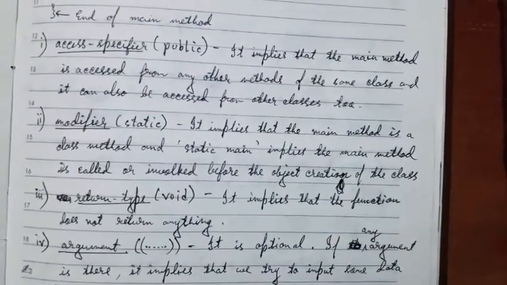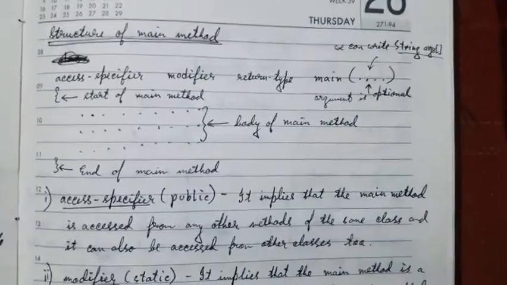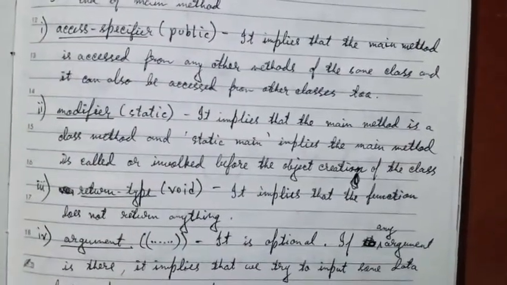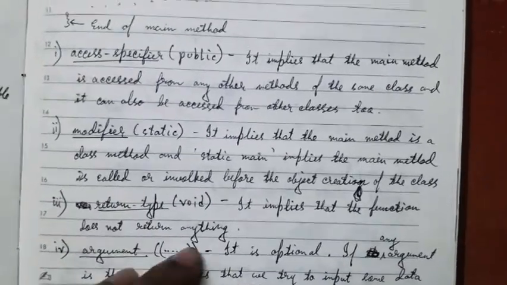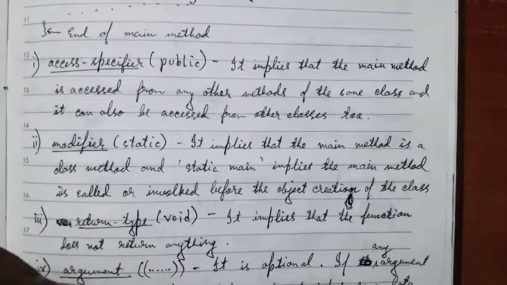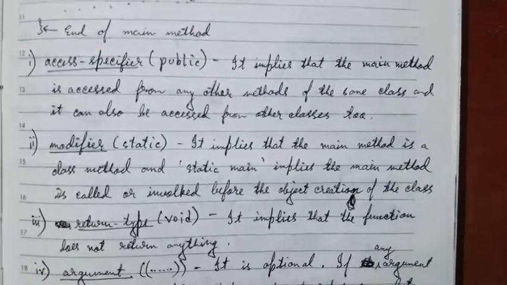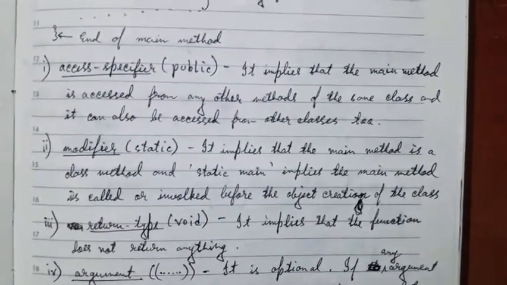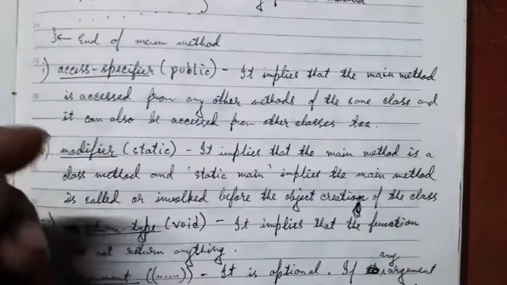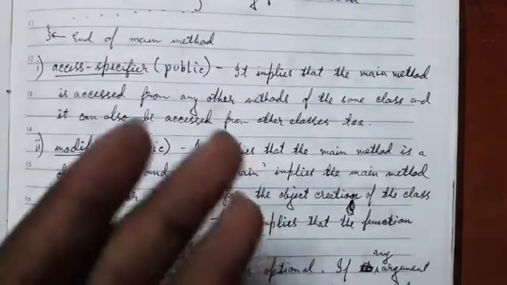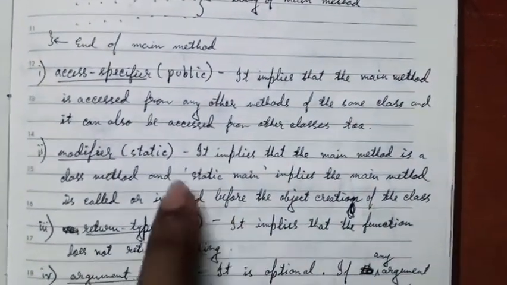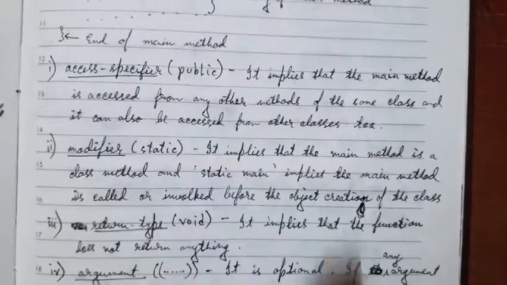Accessed means you can execute the main method however you like, and from other classes you can call this main method and execute it. Since it is public, it is open for all.